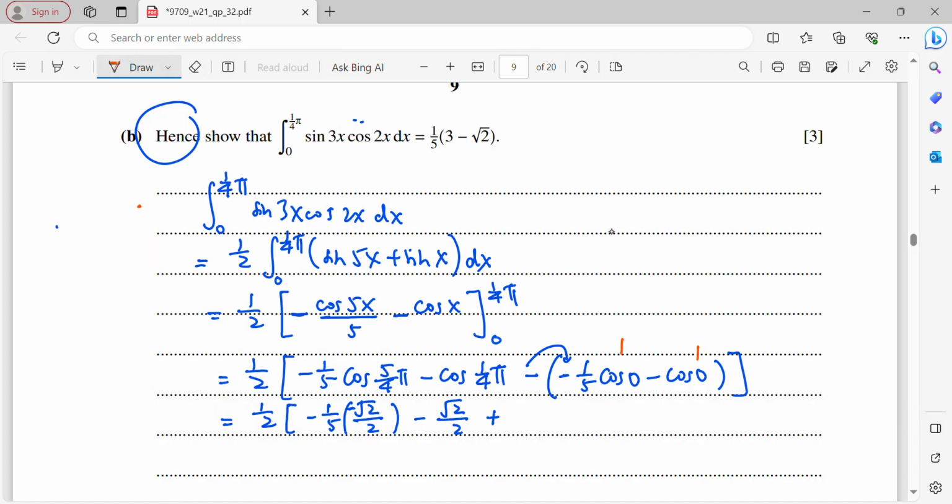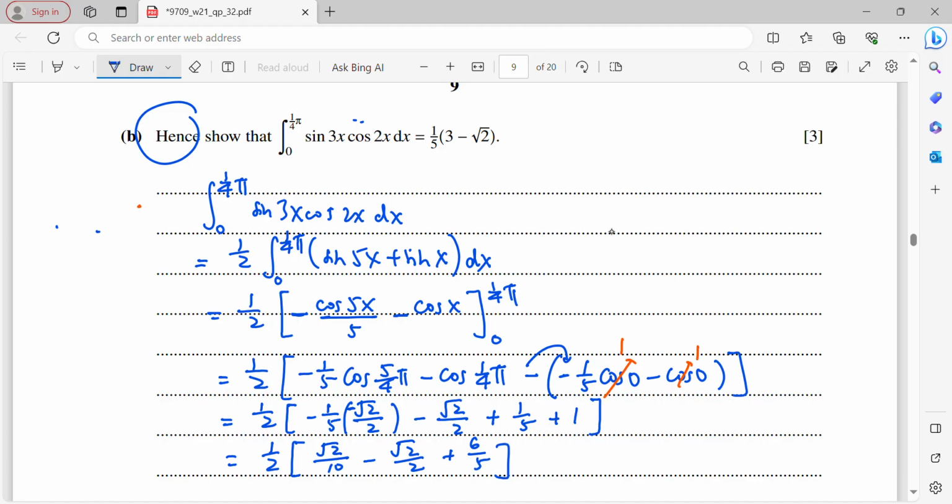This is 1. This is 1. Therefore, I will get, right, so plus 1 over 5, then plus 1. Then from here, I will get half of square root 2 over 10 minus square root 2 over 2. 1 over 5 plus 1 is 6 over 5.